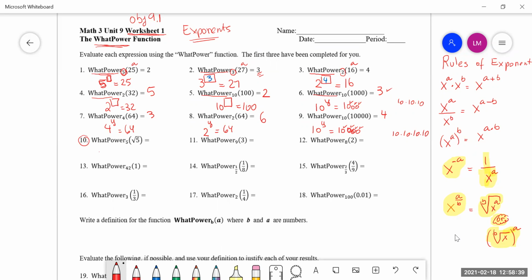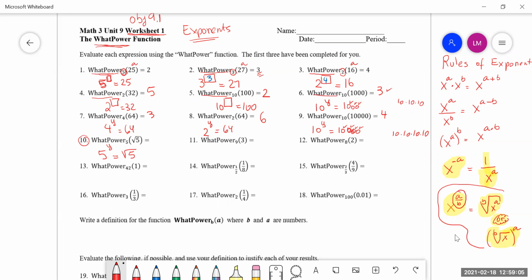What power should I take 5 to? Let's put a y. So 5 to the power of y equals the square root of 5. Well, that's hard to tell, right? Until we come back over here to this rule, the rational rule. How do I get a square root? Oh, it's because I have a rational exponent, so it has to be a fraction.